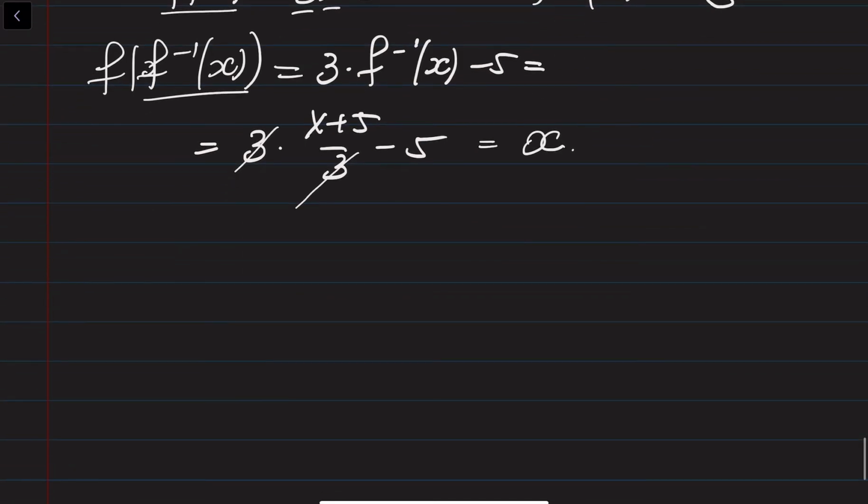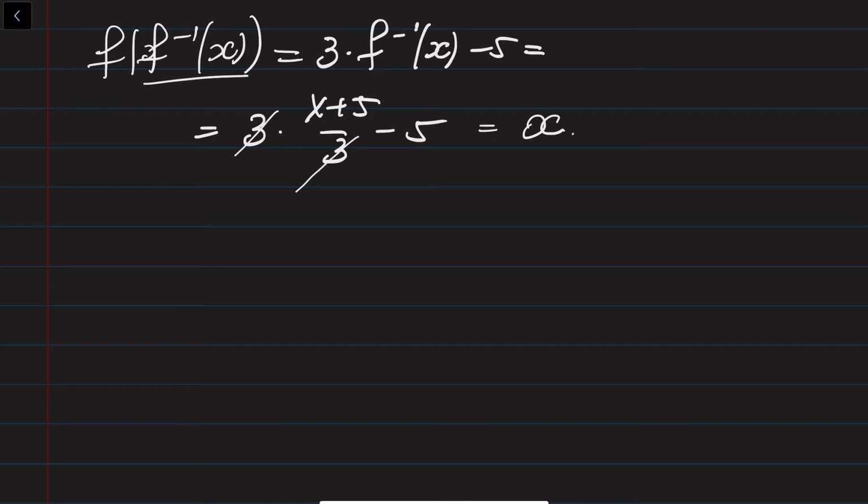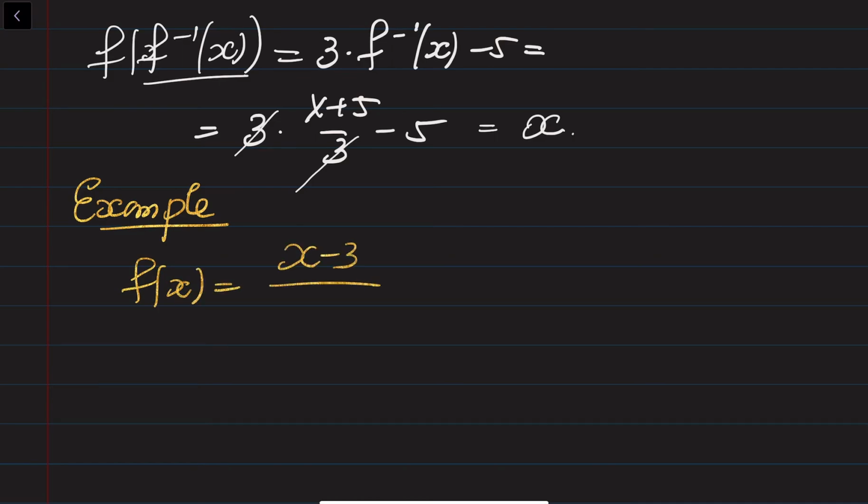Now let's explore a bit more about the domains and the ranges of the inverse functions. Let's say we are given an example of finding the range and the domain of a function. Let's say you're given a function f of x in the form of x minus 3 divided by x plus 2.